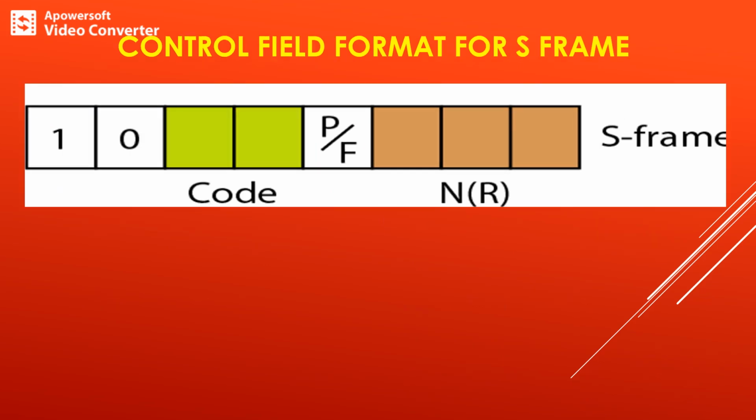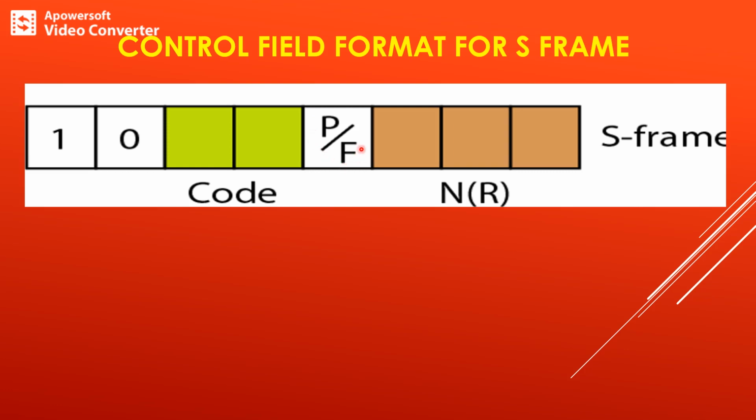So this is how we can consider the value of P/F, that means poll/final. Control field for S-frame. If the first 2 bits in the control field are set to 10, the type of the frame is S-frame. It consists of a 3-bit N(R) value, which holds the acknowledgement number or negative acknowledgement number, followed by one more field, P/F, which specifies poll/final.